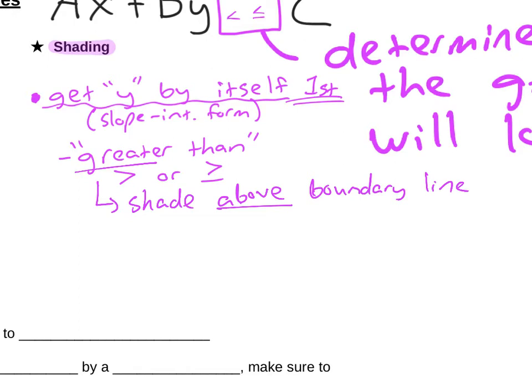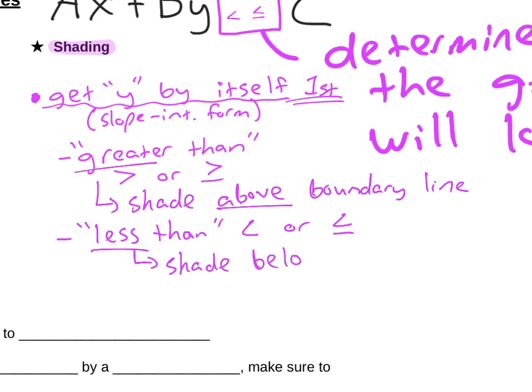Now the other way is the less thans. If we have a less than, and that's our regular less than or the less than or equal to, we'll be shading below the boundary.